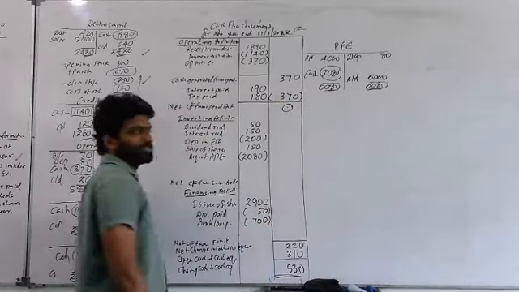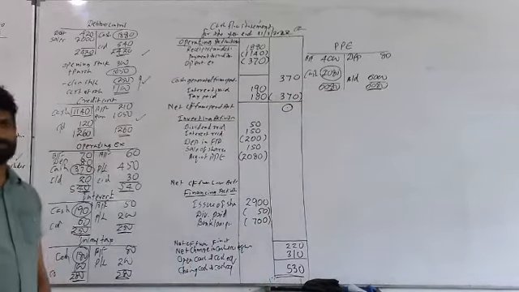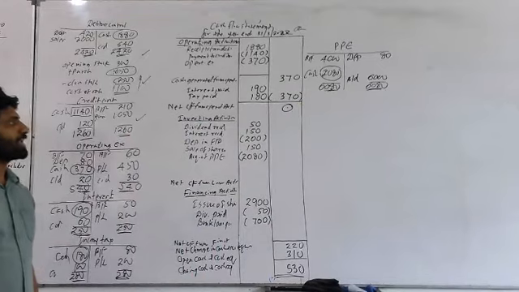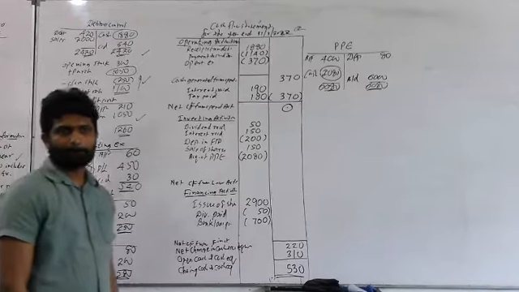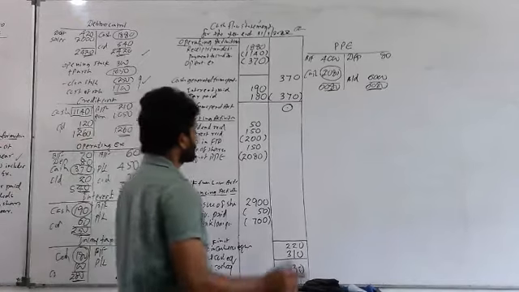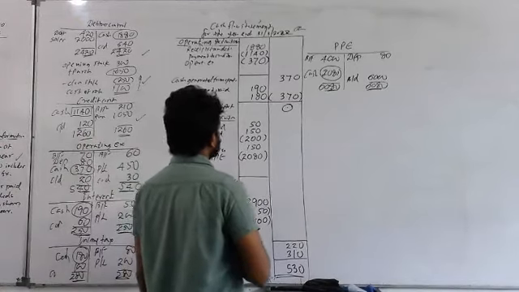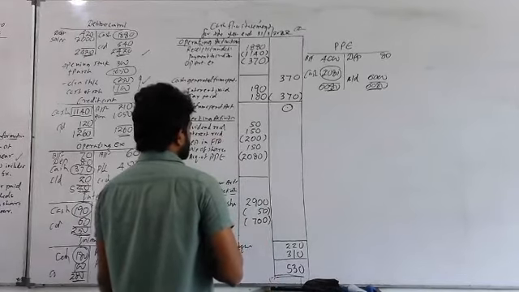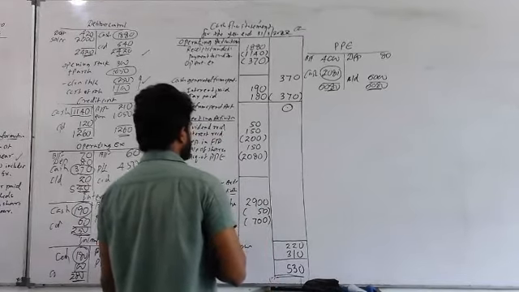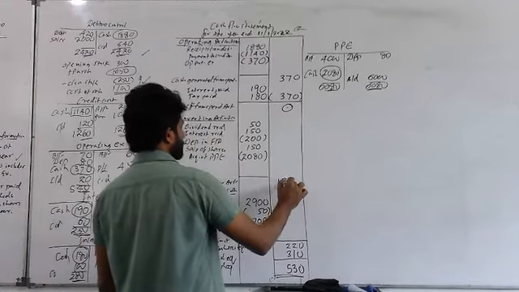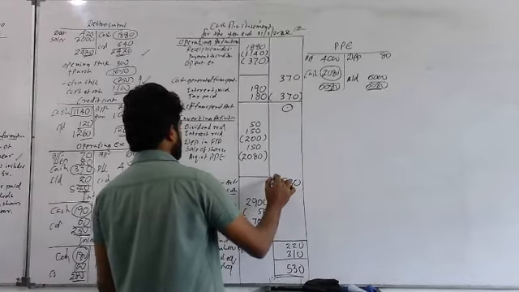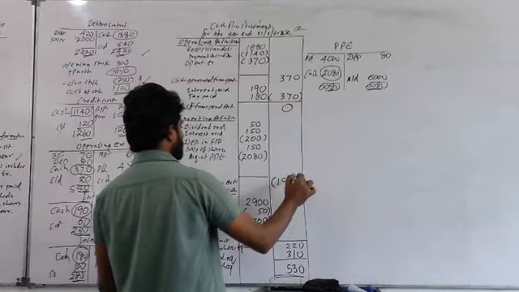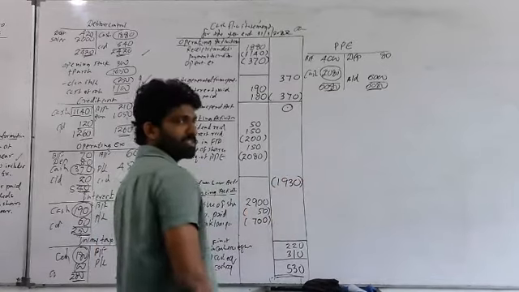Net operating cash was 0. Cash generated from operations was 370, but the net amount was 0, right? Net cash flow from investing activities is minus 1,930.